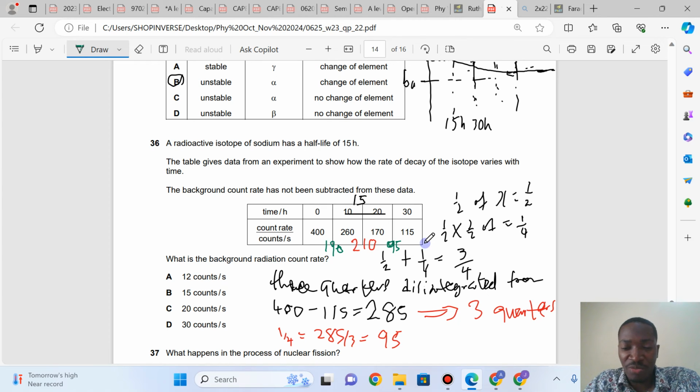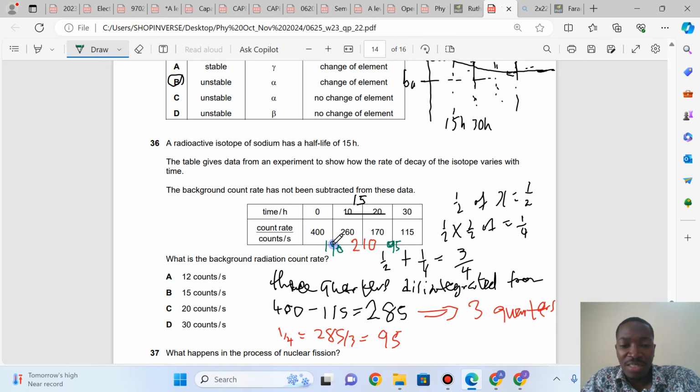It will lose 47.5 again. That is, if 60 was here. Okay, so the series continues that way. So if this was the pattern, that means this was what is lost during a half-life for this to be left.